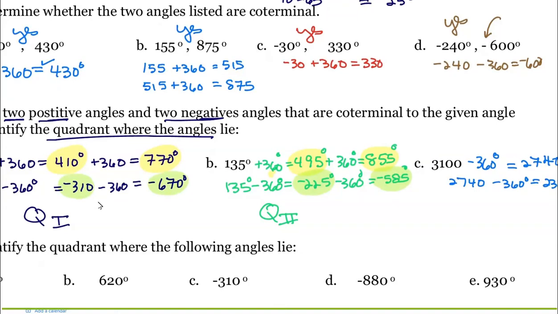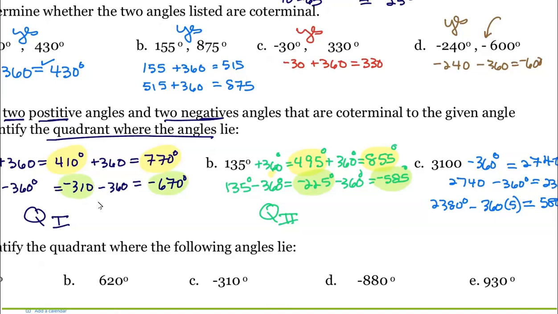Now, I have to keep going. So let's go to 2380, which I know is coterminal. And I'm going to subtract 360. I'm going to subtract it 5 times. What does that get me? Ooh. If I say minus 360 times 5, that gets me 580. Okay, so I'm getting there, but I'm still not negative.